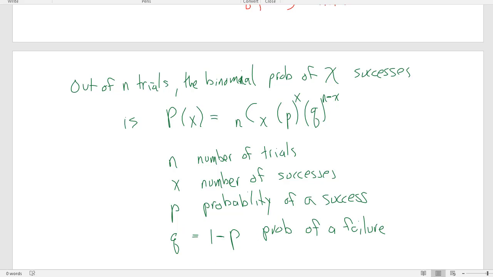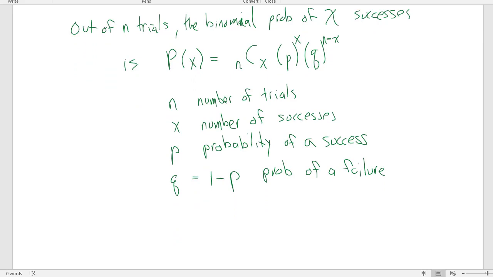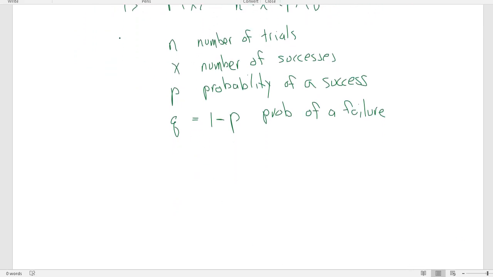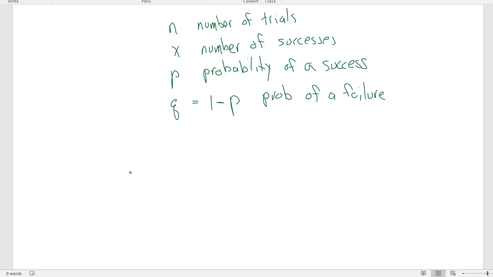So again, in this particular example that we had, we were answering 3 questions. We wanted 2 successes. Let me write X. We were looking for the probability of 2 successes. We knew the probability of 1 question being successful was the 1 correct answer out of the 4 answer choices.